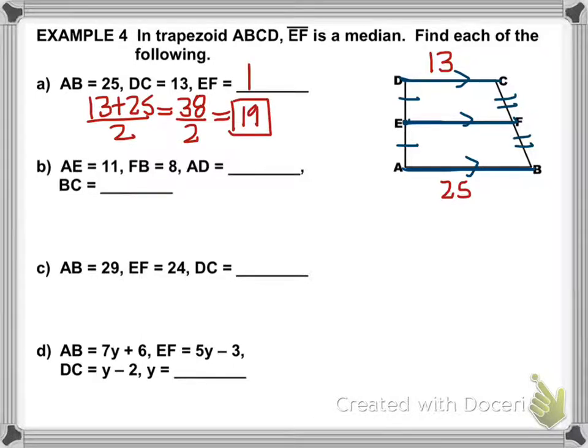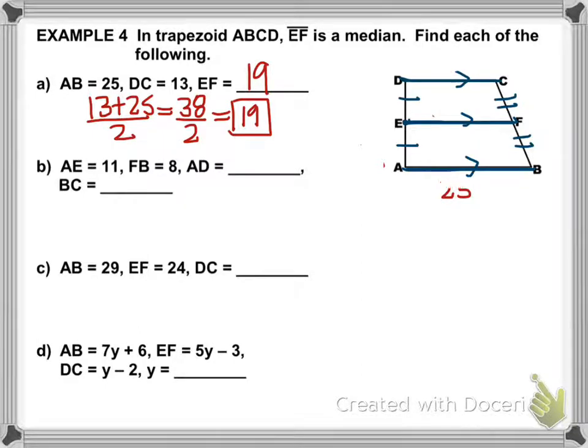EF has a length of 19. See how easy that is? It's right between. Notice that 19 is 6 units from 13 on one side and 6 units from 25 on the other side. So it's kind of like when we were doing midpoint. All right, let me erase these. I'll try another one.